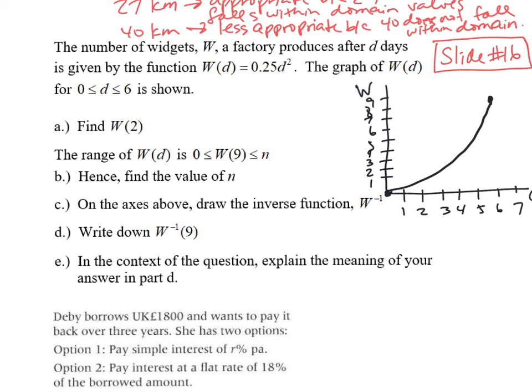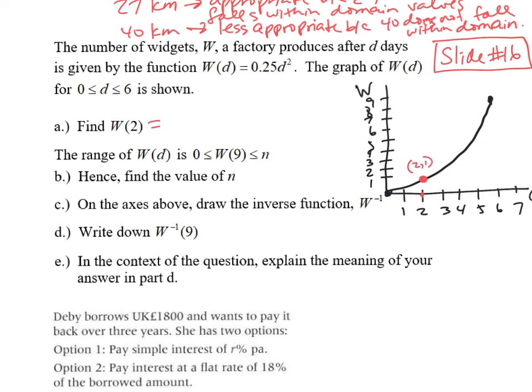The first thing you're going to do is find W of 2. So when the input is 2, find 2 on the x-axis, then find the y value there, the W value when D is 2. So now on your graph, it's going to be much easier to read, okay? And the coordinates of this point are 2, 1.